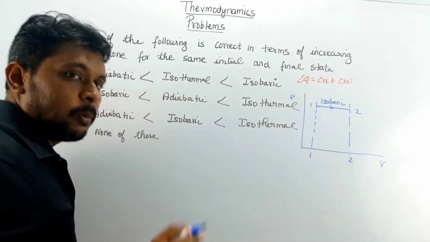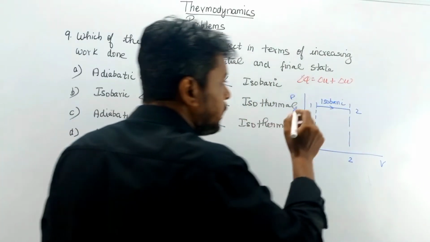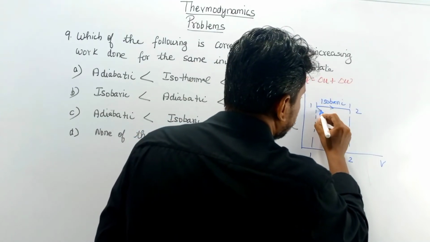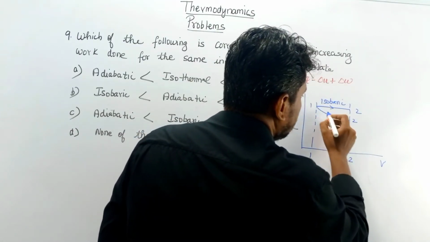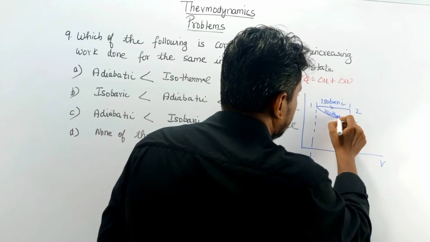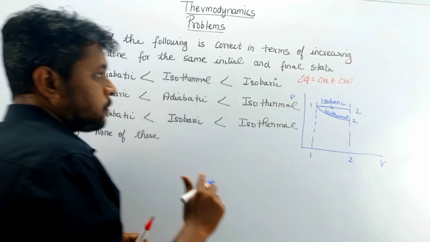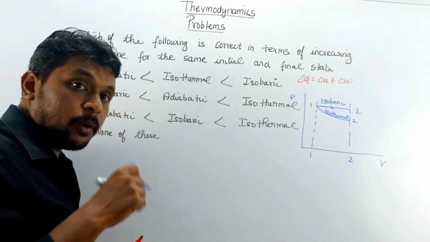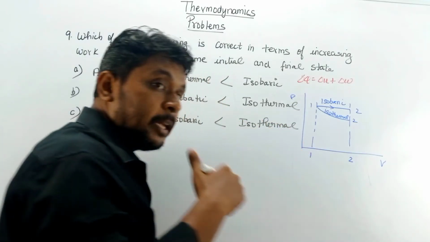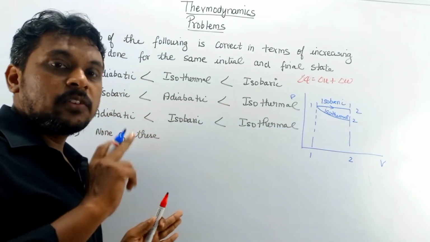Next we have the isothermal process. For the isothermal process, the curve will be a little bit steeper when compared to the isobaric process. So this is the pathway followed by the isothermal process. Okay. Now the adiabatic process. The slope of the adiabatic process is always greater than the isothermal process.